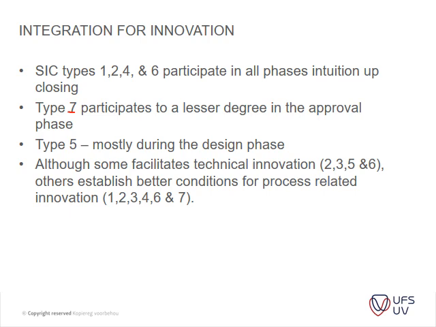So if you think about your project, there is a whole lot of phases, and what this slide basically shows you is that the champions have different roles in different phases of the project.